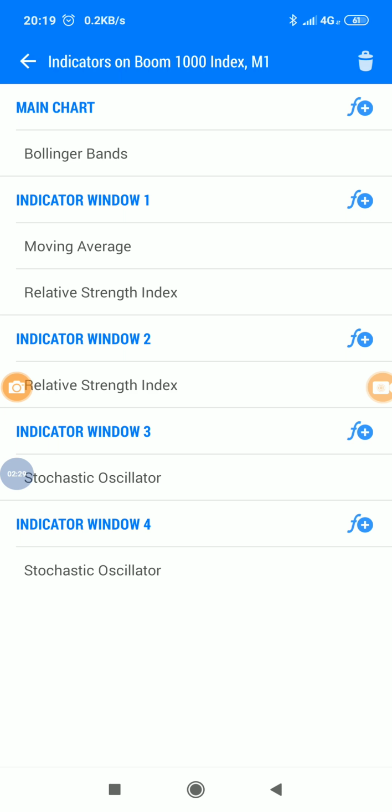Moving average simple is slow in trend. It is slow to give a signal, but over a long while it gives you a clear trend and a good signal.